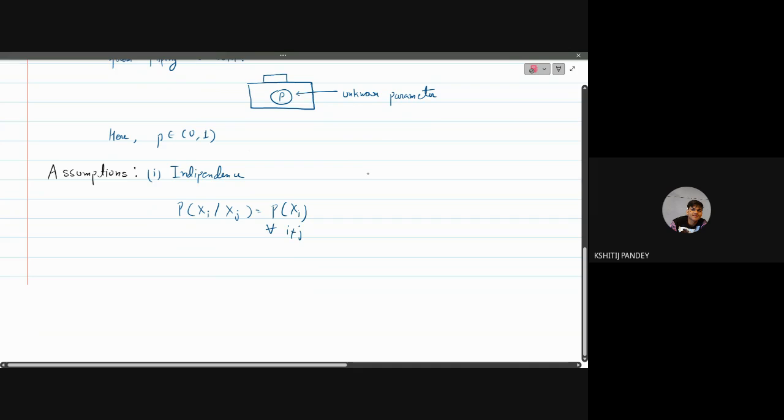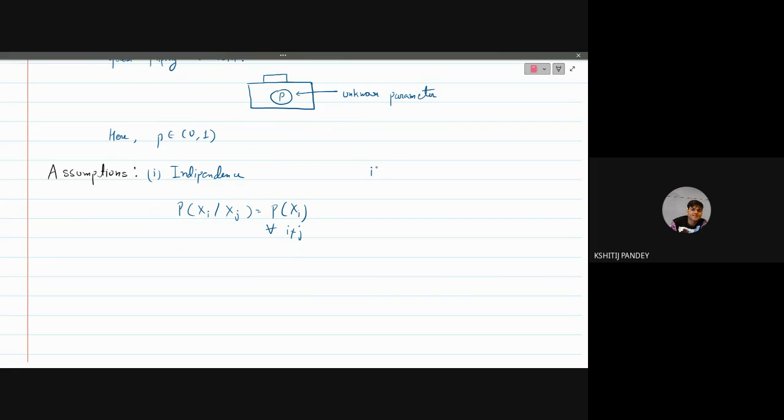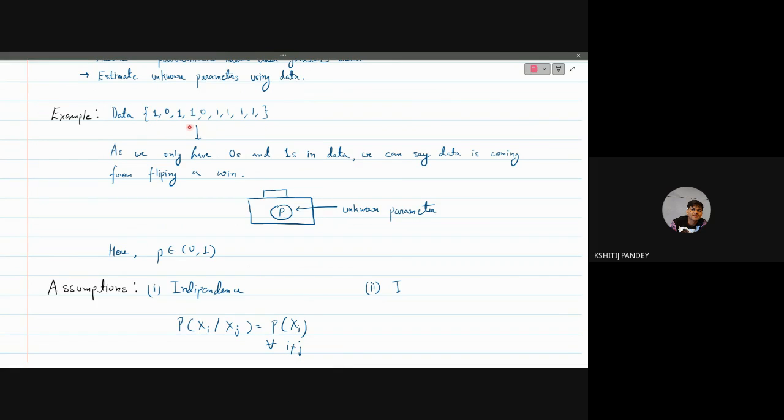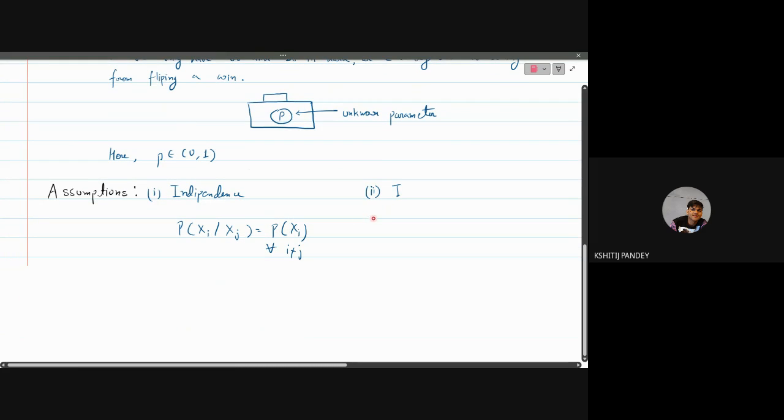The second assumption is of identical distribution. What do we mean by that? This means that all these zeros and ones are coming from flipping the same coin. In all these flips, we are using the same coin. That is, the value of p is constant. So this is what we mean by identically distributed.